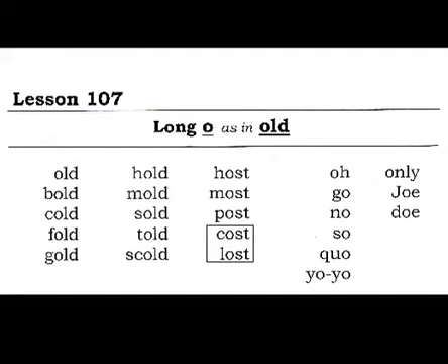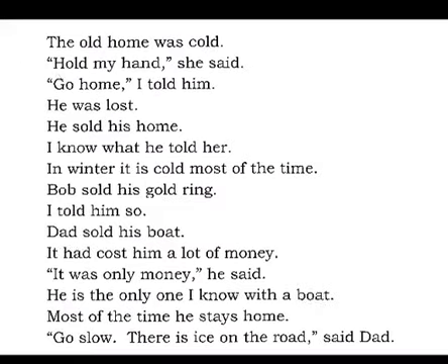Coast is spelled C-O-A-S-T, but cost is spelled C-O-S-T, and the word lost, L-O-S-T. There is no such word as lost. Lost is another one of those words that don't exist, so you've got to pronounce it lost. And in that lesson, we also provide plenty of sentences so that you can read these words in sentence form.